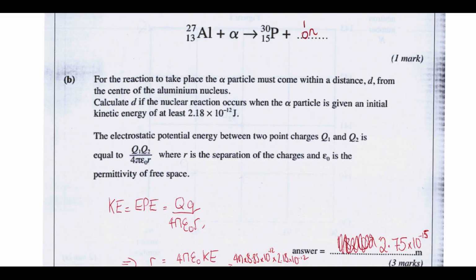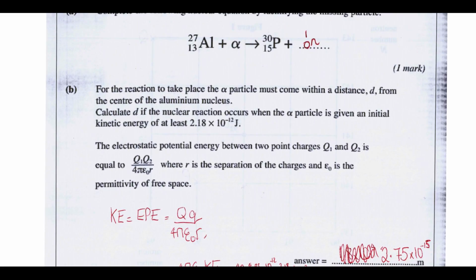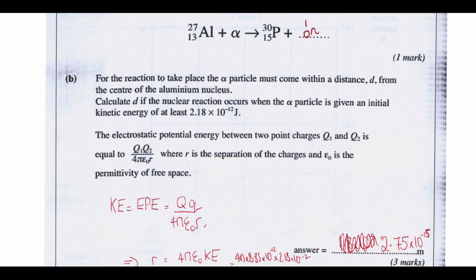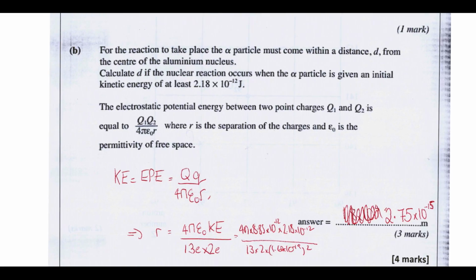Okay, so for this to take place, obviously your alpha particle needs to get into the range of the nucleus. So this is why the strong force is problematic when you're doing the closest distance to approach method, because essentially if the alpha particle gets too close, then you get this happening, which ruins your results.